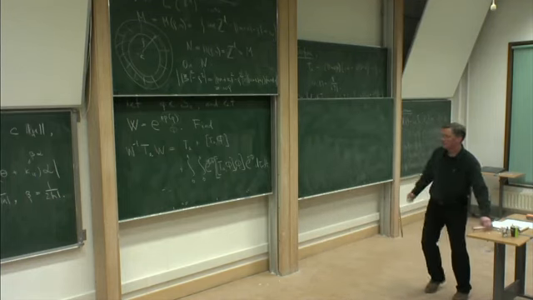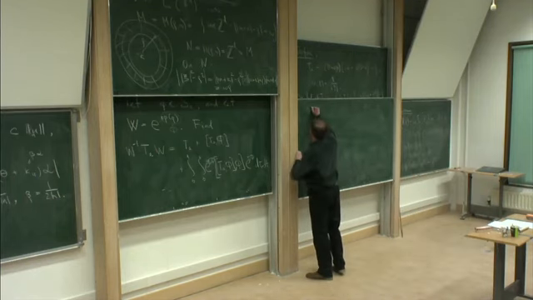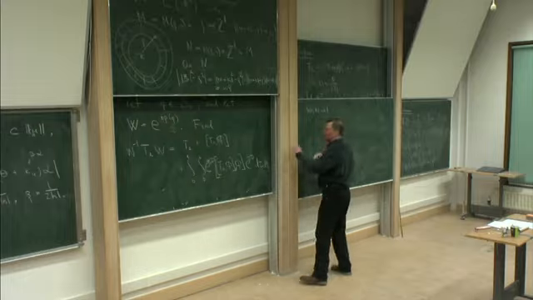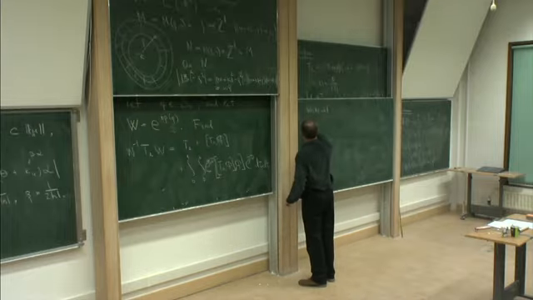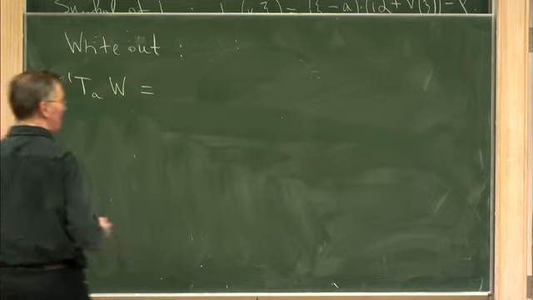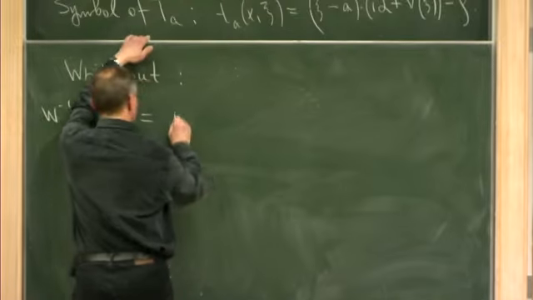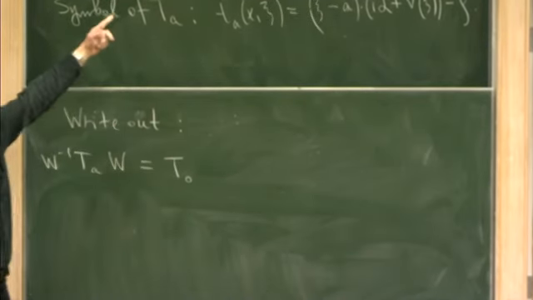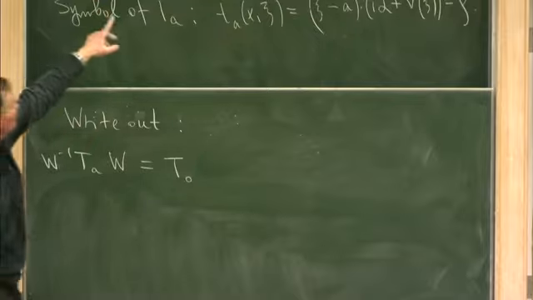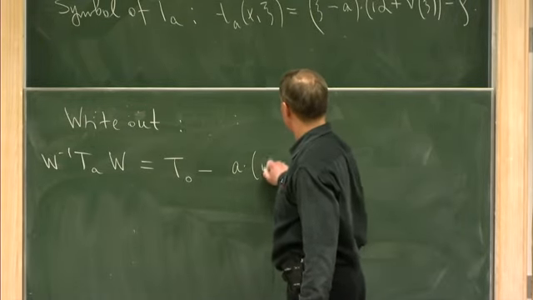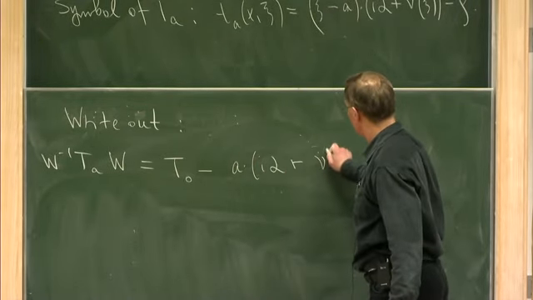All right, let's write out. Now, W minus 1 TA W. TA, it is T naught minus A times A alpha plus mu.